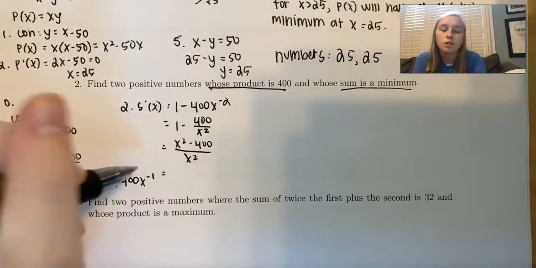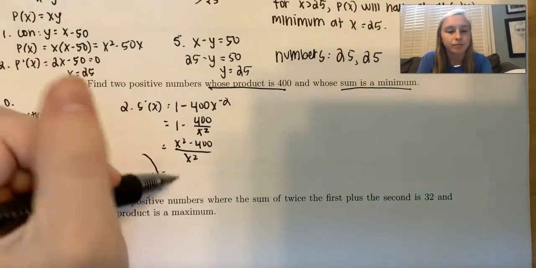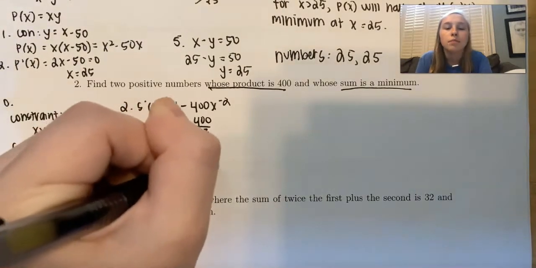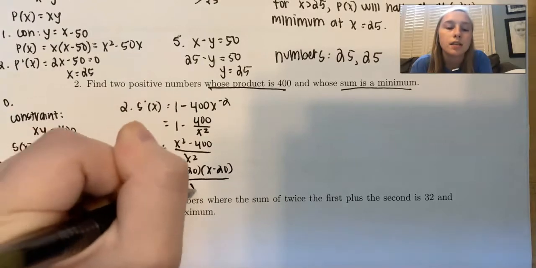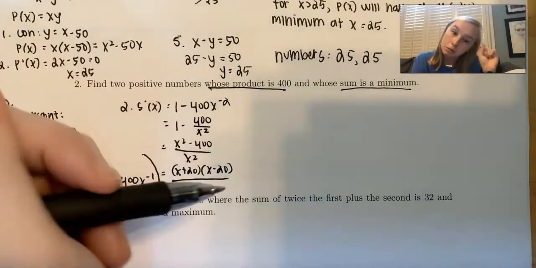So that was just me finding a common denominator and writing it as kind of one thing instead of two. And then I'm factoring up top so I can find the zeros easiest. And always remember, guys, to write equals 0.